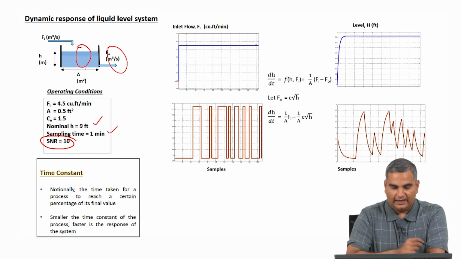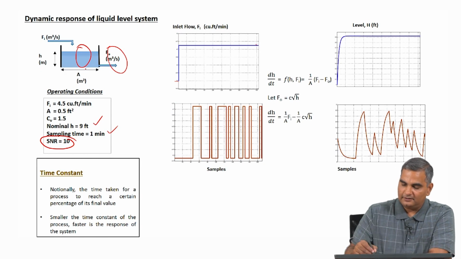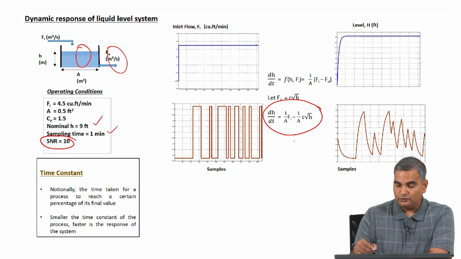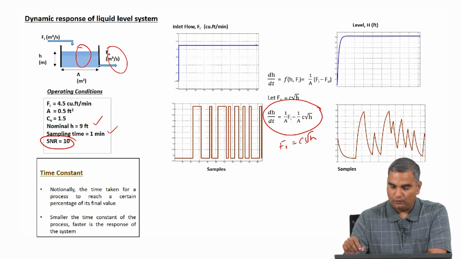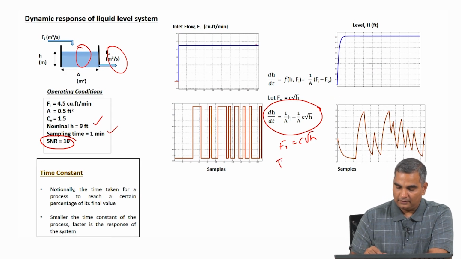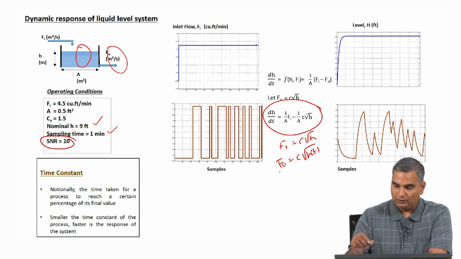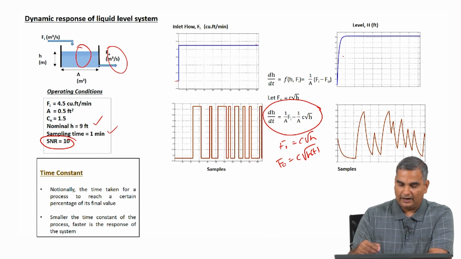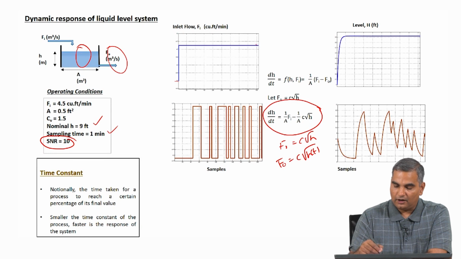So, in this case, if you do the simulation, you can calculate the height of the tank using this, and once you get to a new steady state value of the height of the tank, you can always get your F naught as c times root of the final value. Or at any time you want to understand the dynamics of F naught and not height, it is simply F naught is c times root of h at any time. So, any time you want to know what the outlet flow rate is, it is going to be c times root of h, and that h is going to change according to this equation.